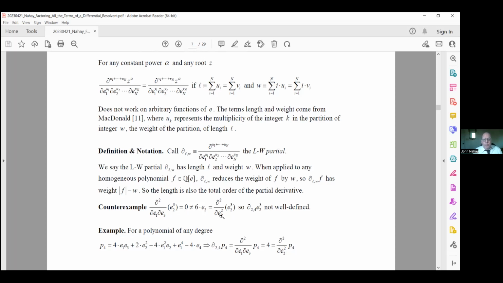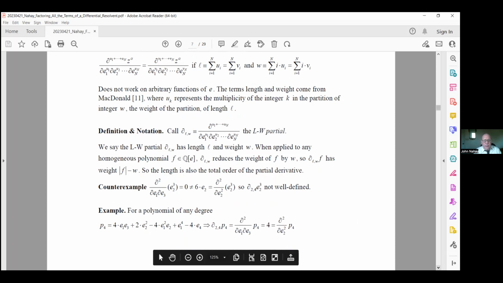But if you apply the second partial with respect to E2 to E2 cubed, you get 6E2. So those are not equal. But for a polynomial of any degree, the fourth power sum of the roots, those partial derivatives are equal. Del 2,4 equals del 1,3 on P4.